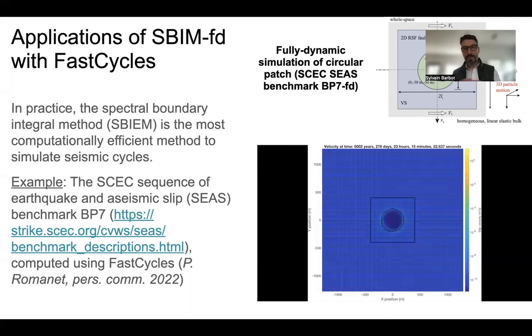Currently, the spectral boundary integral method is the most efficient method to simulate seismic cycles, at the cost of the various simplifications that are involved, namely faults have to be planar.